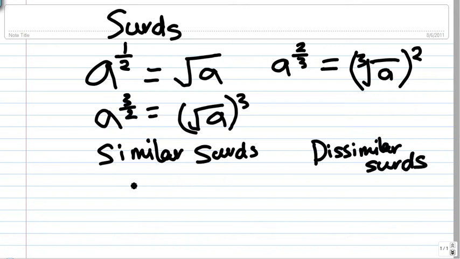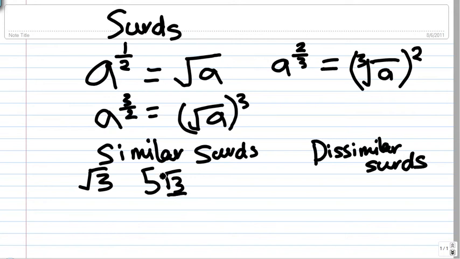Say square root 3 and 5 square root 3 are similar surds.